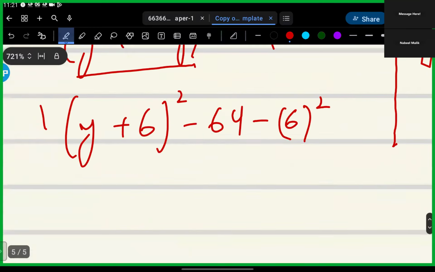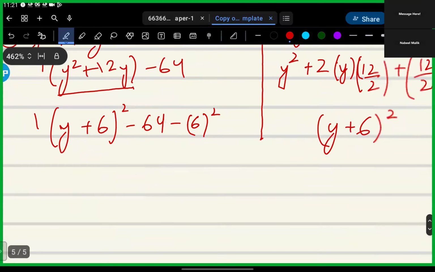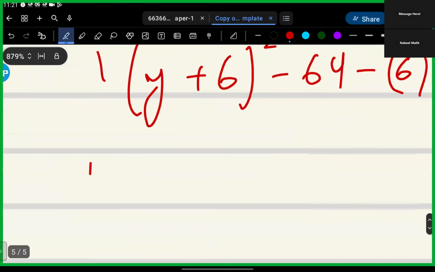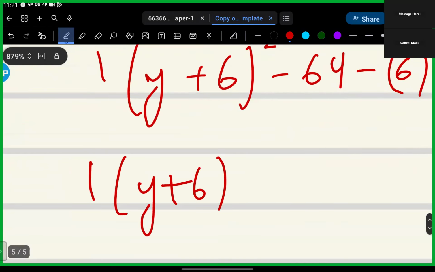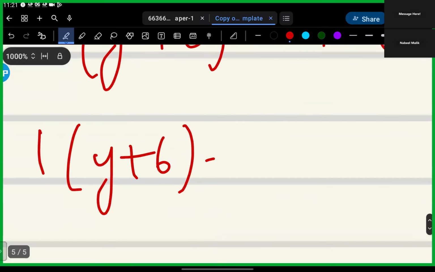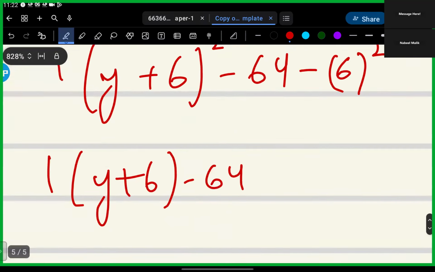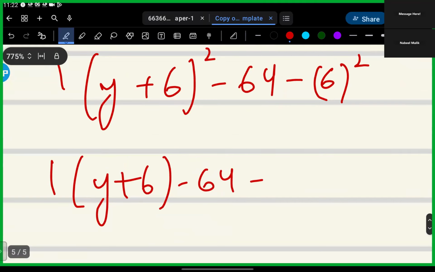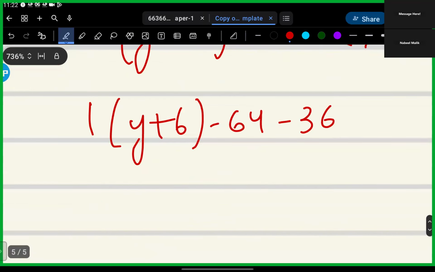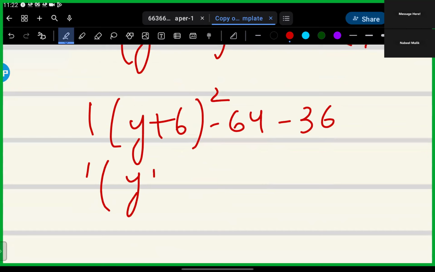So that's basically your complete square form right over there. It's minus 64 minus 36, and that is going to give you this answer: y plus 6 square minus 100.